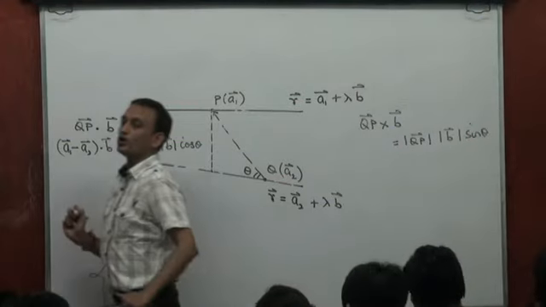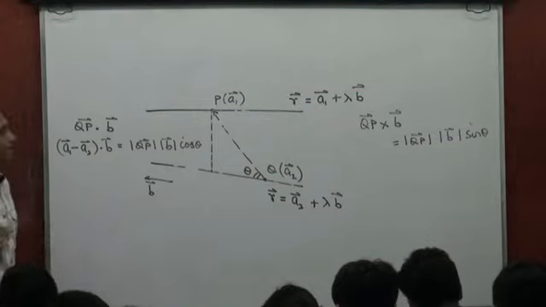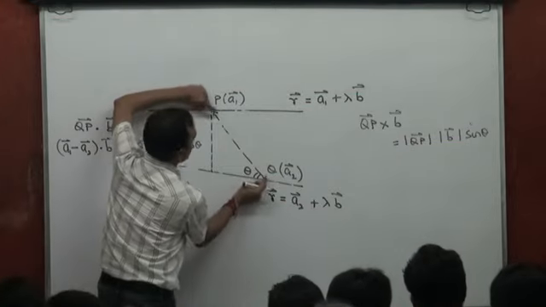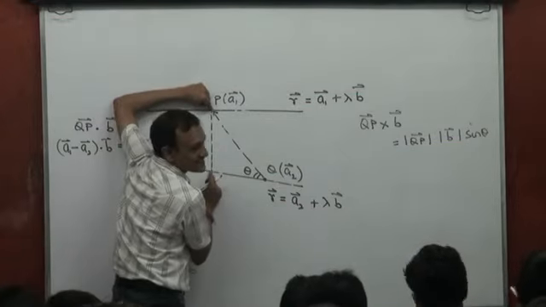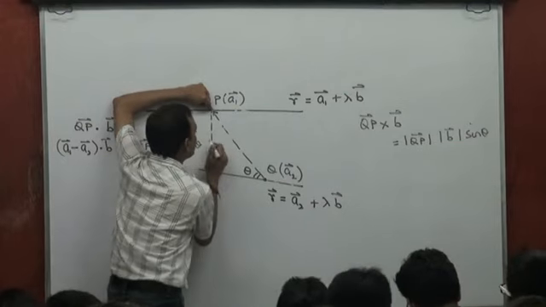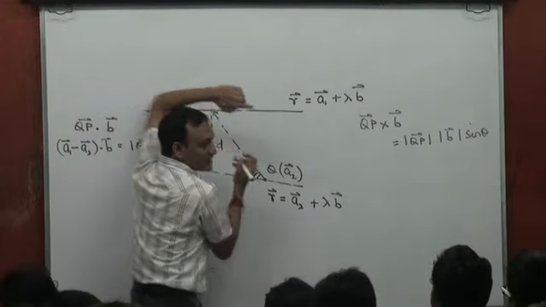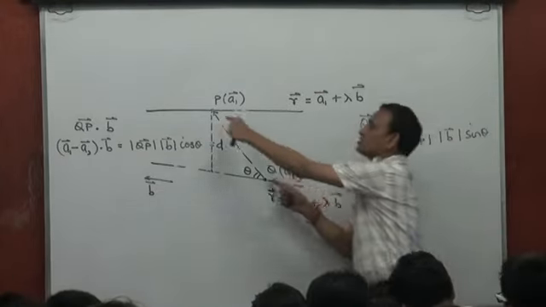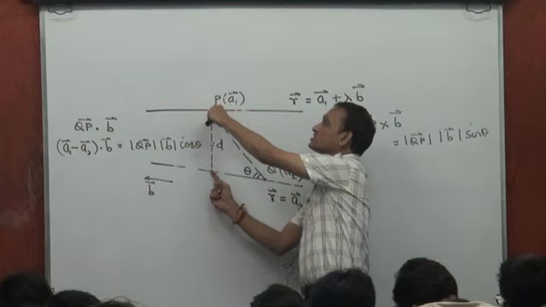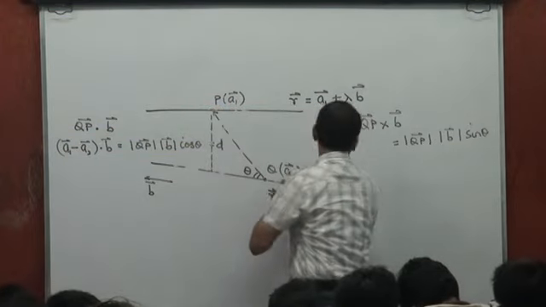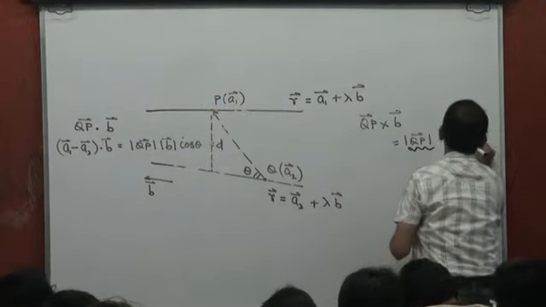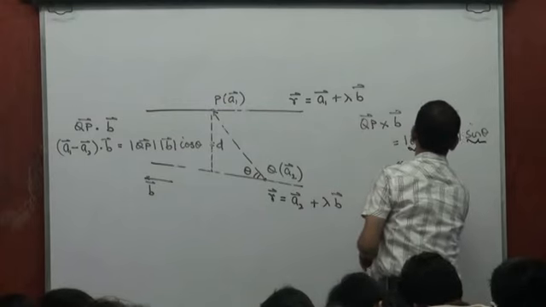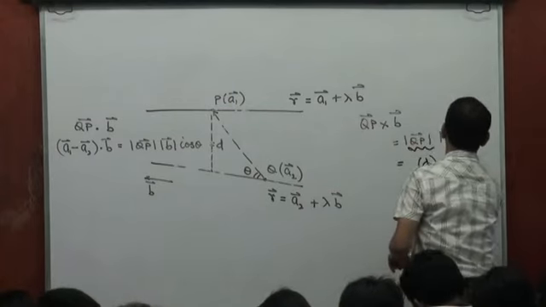But mod QP sin theta is this distance d, the required distance between the two lines. This length is mod QP and this distance is mod QP sin theta, as you can see, right? So mod QP sin theta is d into the vector b.